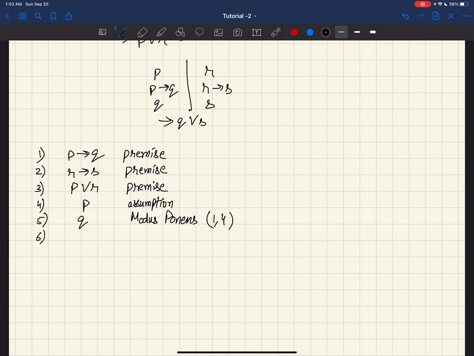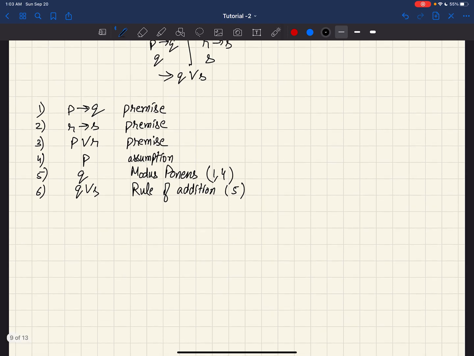Now we can use the rule of addition and write it as Q or S. This was the completion of our first assumption. Now we start with our second assumption, that R is true.